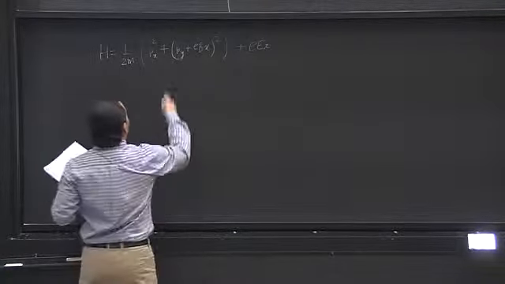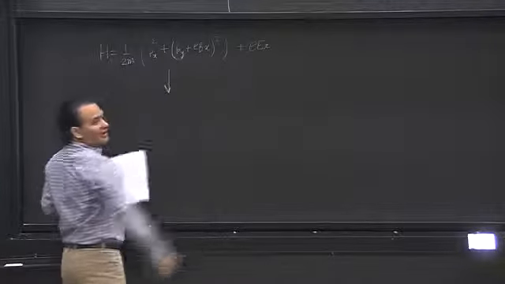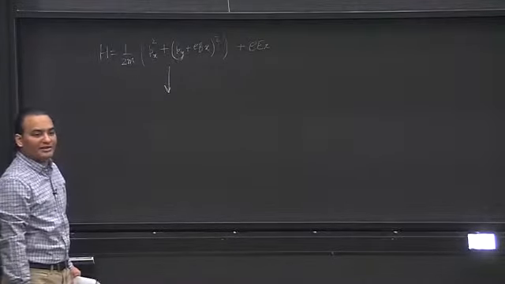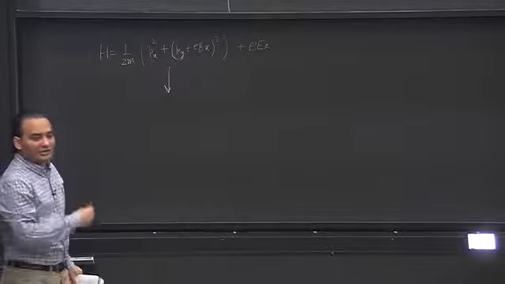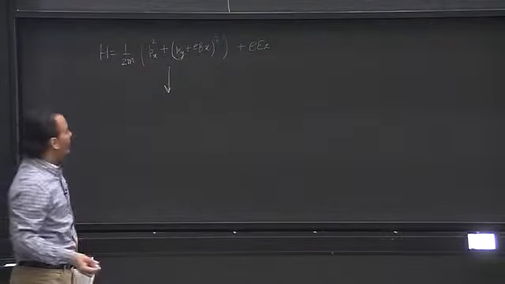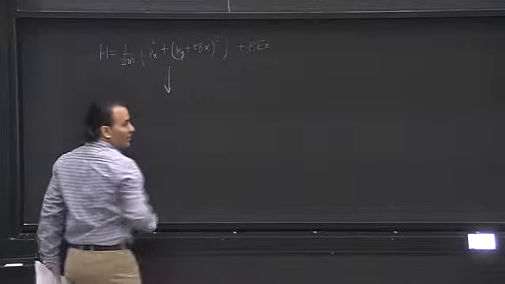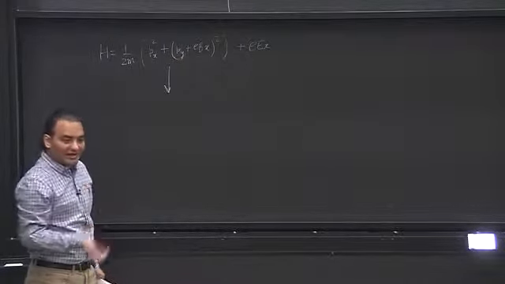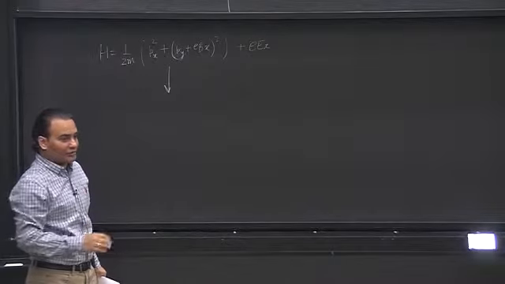Now again, the y coordinate still does not appear in this Hamiltonian. So you can solve this Hamiltonian again using the same trick. In the y coordinate, it's a plane wave. So here you will get h bar k. And now you can again complete the square and go through the calculation.